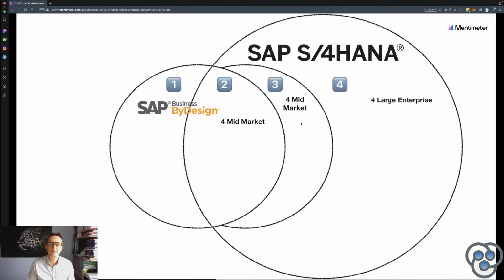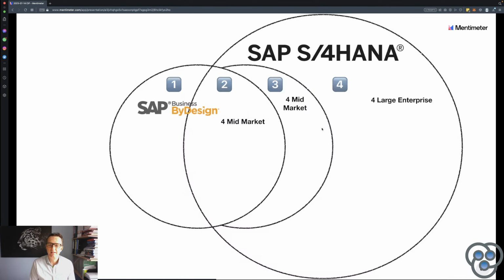Yes, I know you have some configurability in SAP Business ByDesign, but if you need deep configurability in all of the processes, production, selling, quoting, purchasing, and so on, then this is something for subset 3. So if you have a must requirement for your mid-market company that is contained in subset 3, then this is a clear indicator that you have to decide for SAP S/4HANA Cloud.